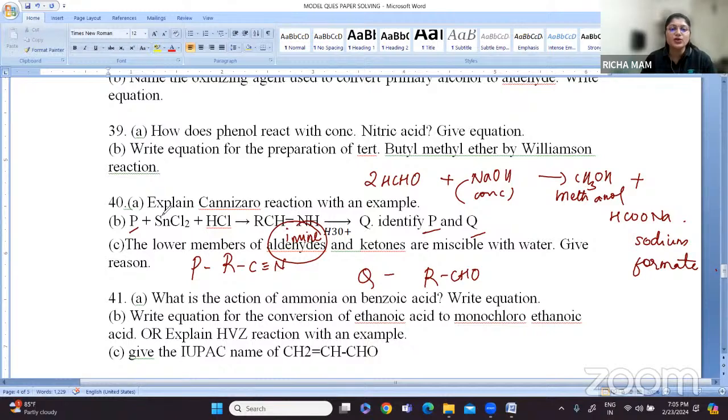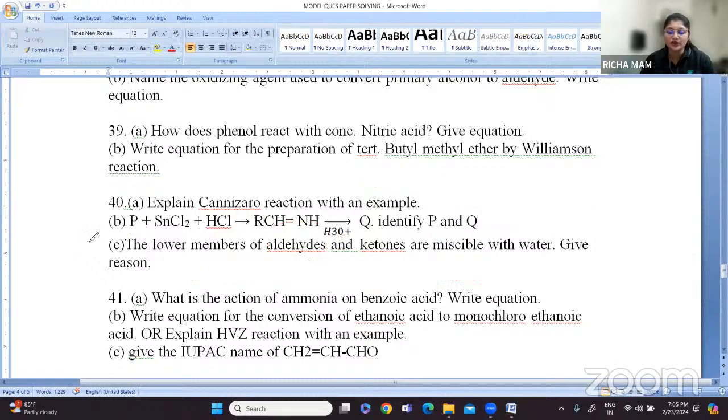Okay, next, the lower members of aldehydes and ketones are miscible with water. What is the reason? Why are the lower members of aldehydes and ketones miscible in water? Means they dissolve in water.